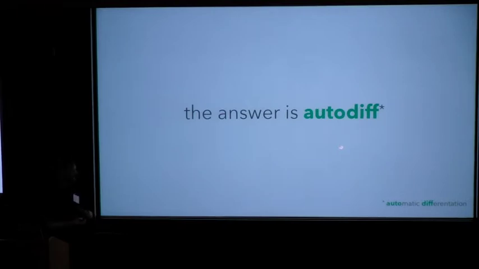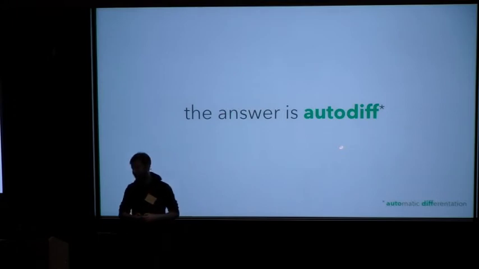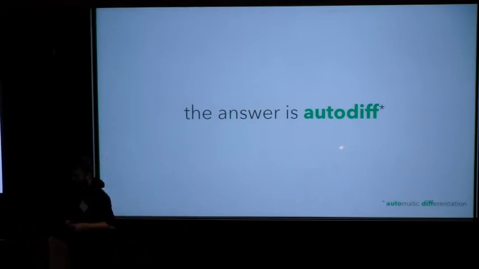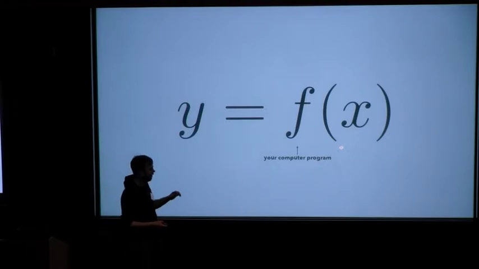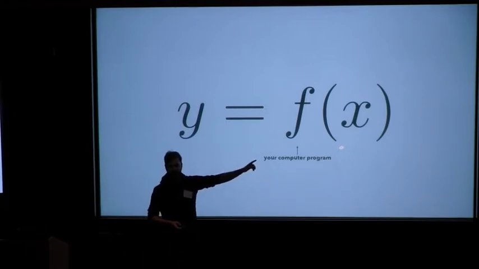So the real answer and the real reason why this works is something called autodiff, which is sort of the key word that I wanted to give for this part of the talk. And autodiff stands for automatic differentiation. And I just wanted to sketch very quickly what that's all about. So here is an example of a computer program.